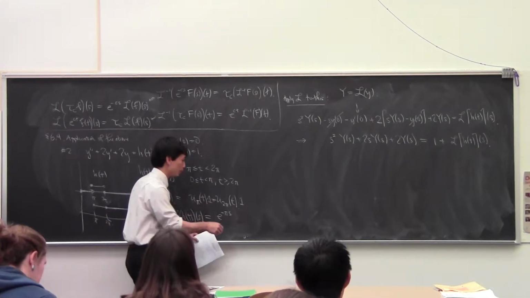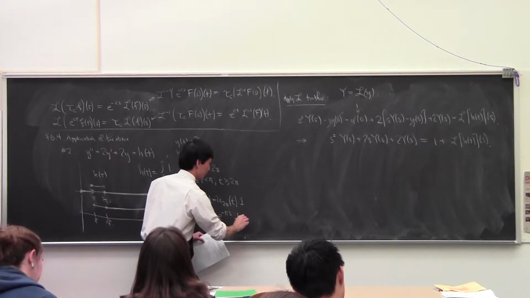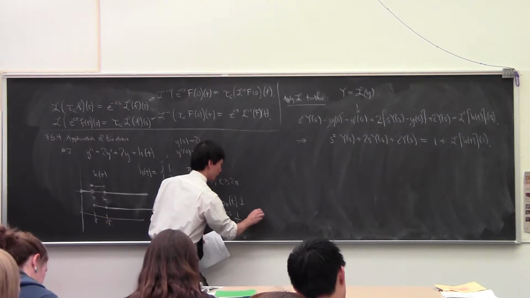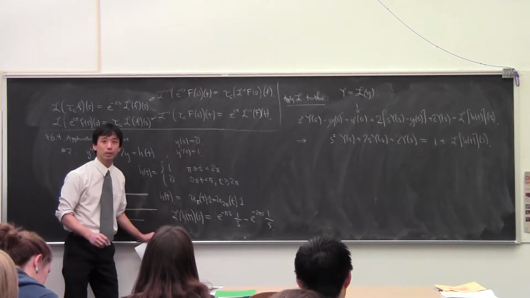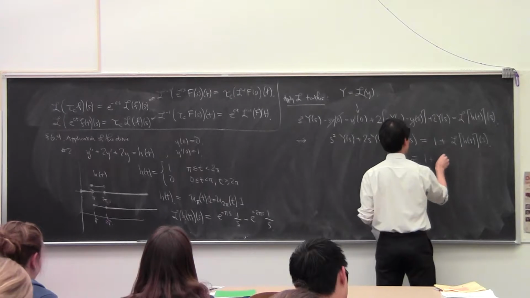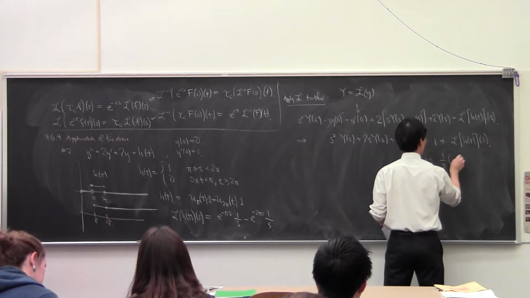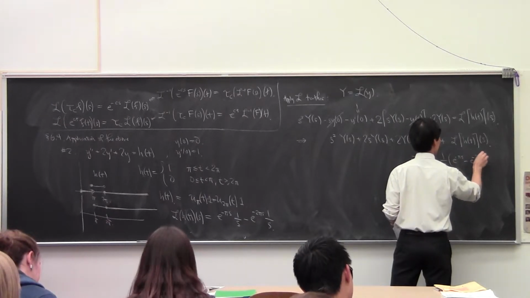The Laplace transform of 1 was 1 over s. And we get minus e to the minus 2 pi s times the Laplace transform of 1, that's again 1 over s. So this right-hand side turns into 1 over s, e to the minus pi s minus e to the minus 2 pi s.